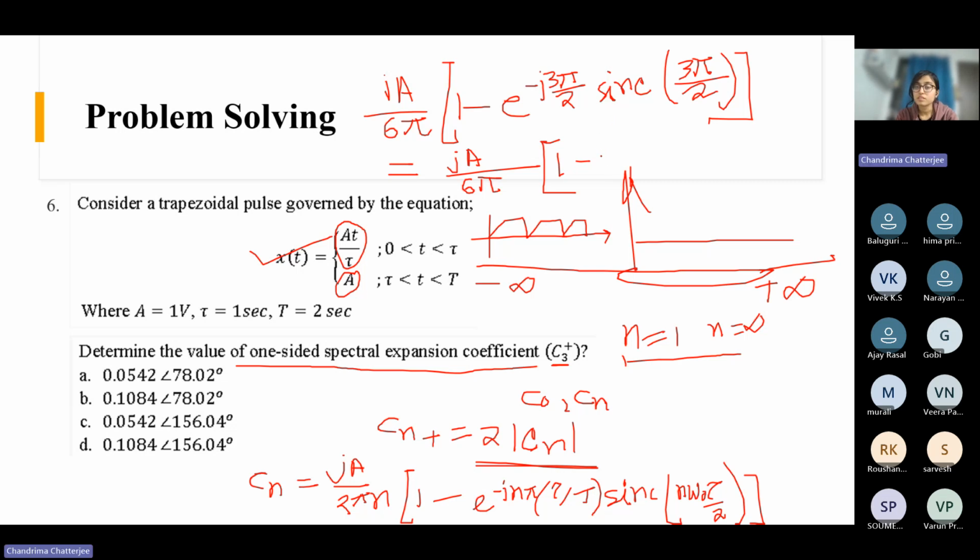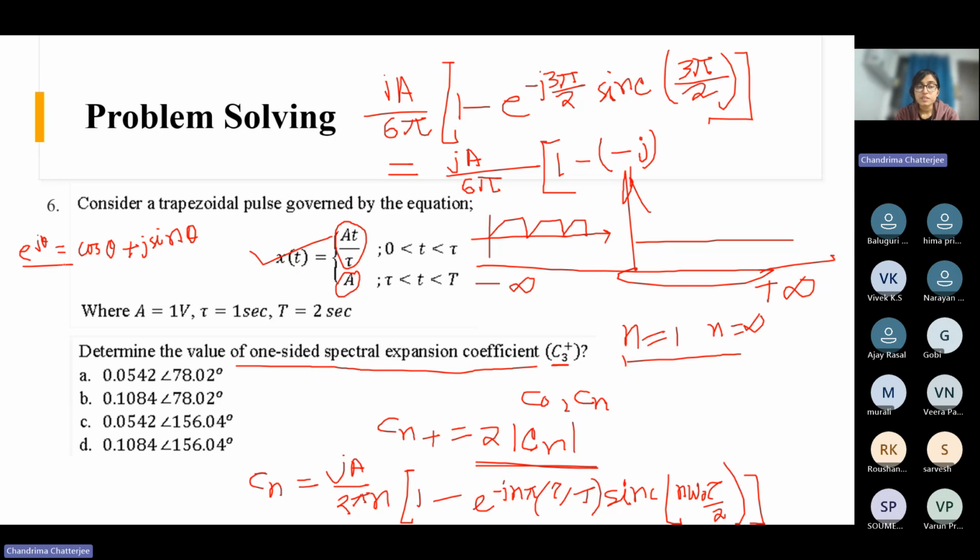We know e to the power j theta can be written as cos theta plus j sin theta.